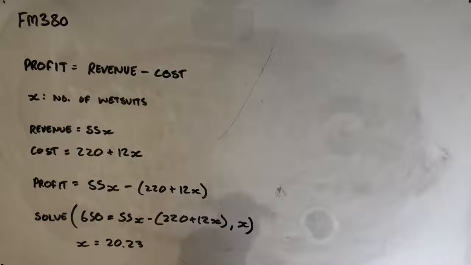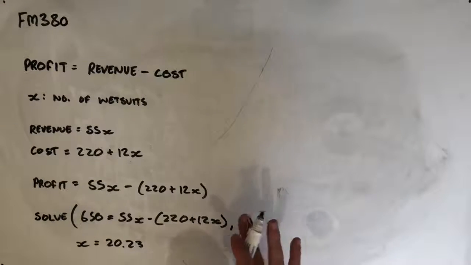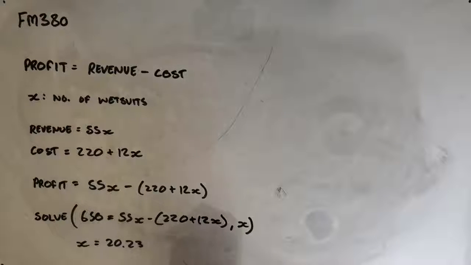It's a decimal, and you might land here and think, oh, well, this doesn't come out as a nice whole number. Don't let that throw you. The trick to this question lies in the fact that the decimal places following are supposed to throw you off a bit. He needs to make at least $650 in profit. We can see here that in order to make $650 worth of profit, he needs to sell 20 wetsuits and then almost a quarter of a wetsuit.